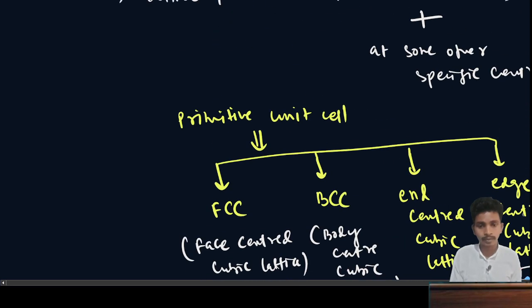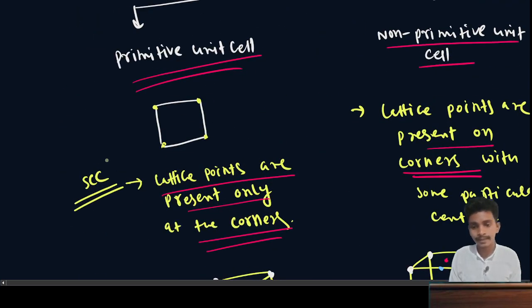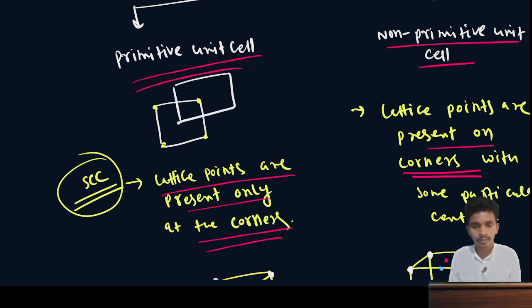So these are the non-primitive unit cells. And the only primitive unit cell is SCC, where lattice points are there only at the corners.